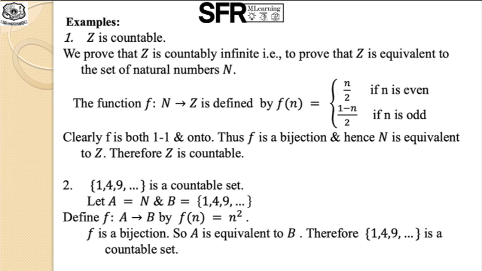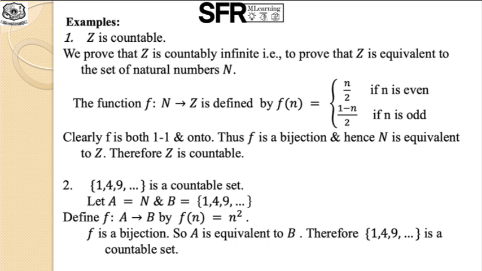If we prove it is a bijection, we say that both A and B are equivalent. Therefore, to prove that result, the map is defined as f of n, where n is a natural number which is mapped onto the codomain element. You watch the codomain elements 1, 4, 9, etc. That means it is the square of natural numbers. Therefore, you define the map as f of n equal to n squared.